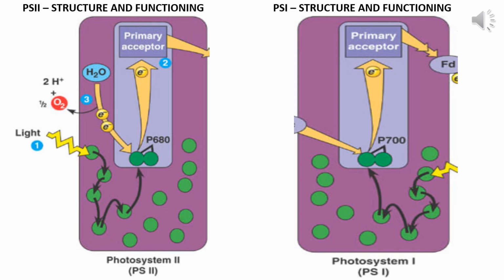And you will see later that there are two types of flow of electrons in this process. Photosystem 2 is taking part in the non-cyclic flow of electrons, while photosystem 1 is taking part in both the cyclic and non-cyclic flow of electrons.